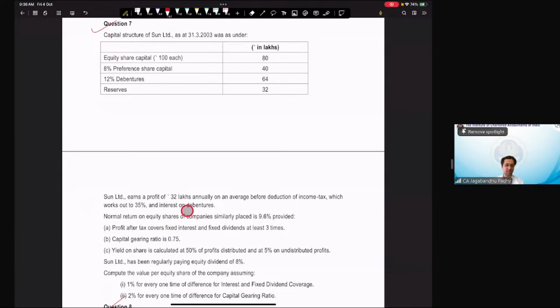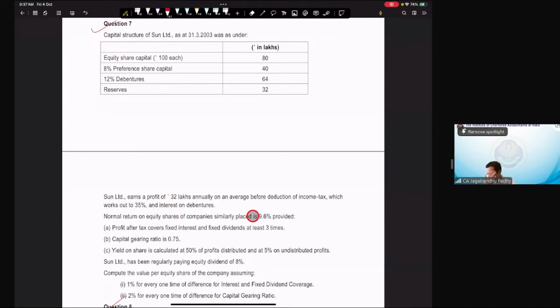So which profit is this? Is it profit before tax? Is it profit after tax? Or is it profit before interest and tax? What is this 32 lakhs? Going by the statement, it is obviously earnings before interest and tax, right? So normal return on equity shares of a company similarly placed is 9.6%.